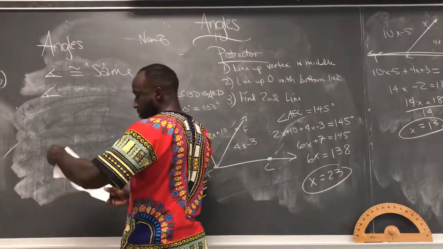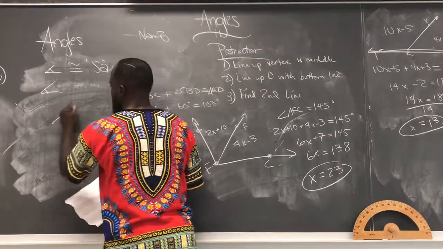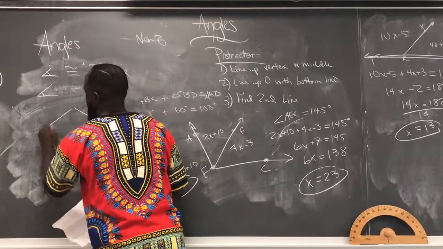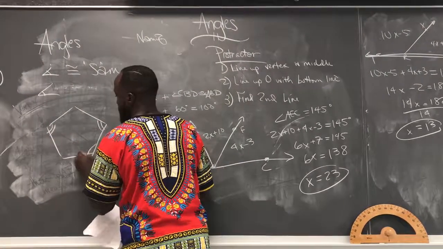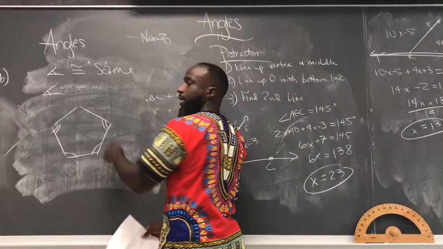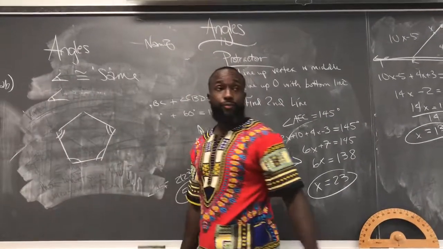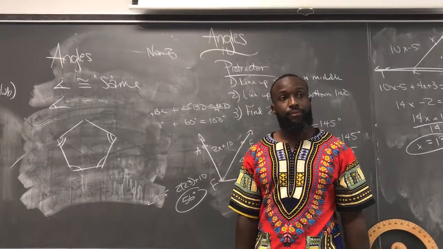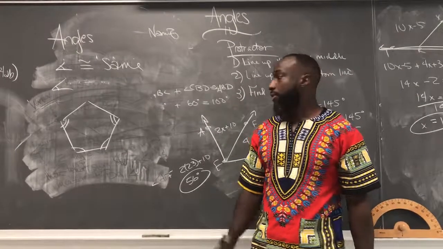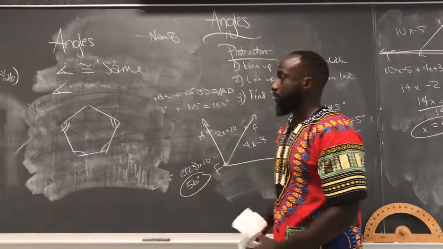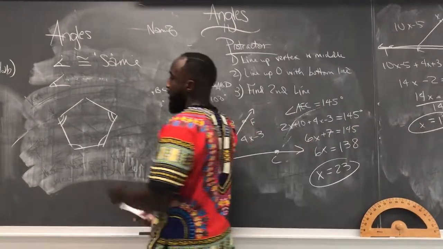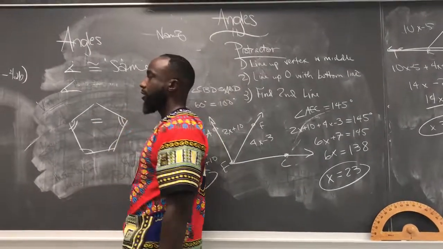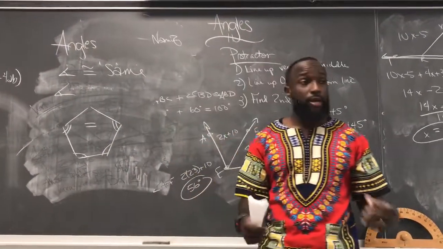So if I was to draw this here, these would be equal, and those would be equal. These two would be equal. And then from there you would set them equal to each other like we usually do if we're trying to figure out the angles.